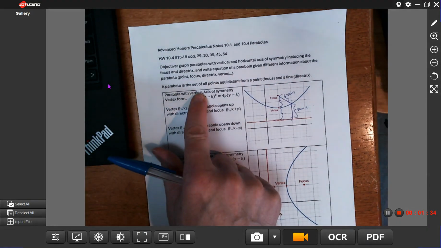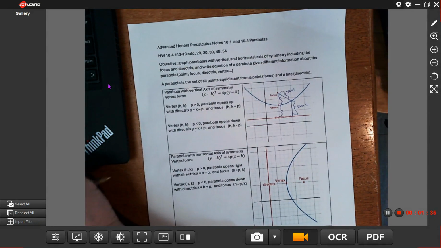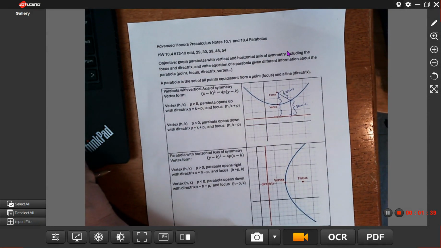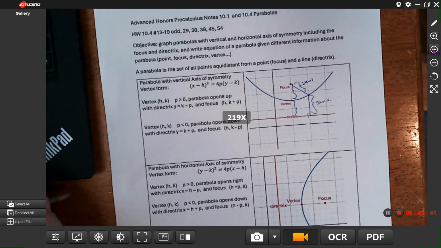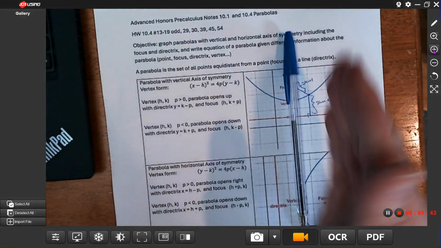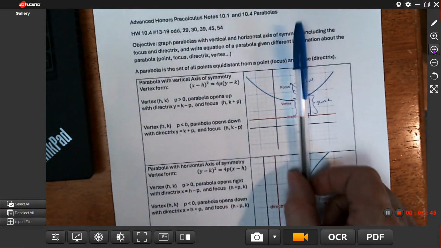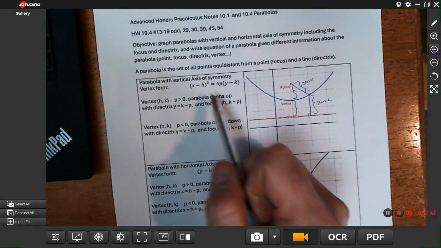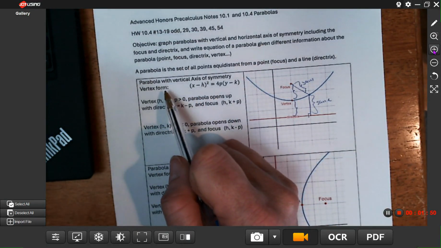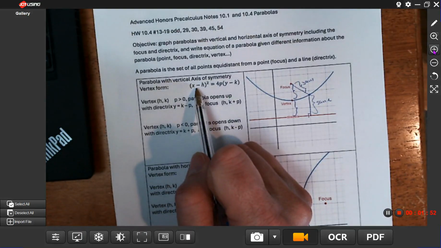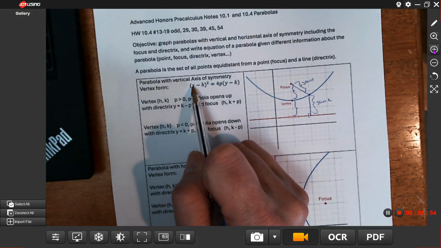So this box here at the top is talking about parabolas that have a vertical axis of symmetry. So, you know, if you put a mirror here, it would reflect left, right. So vertical axis of symmetry. And if that parabola is written in vertex form, it would look like this.